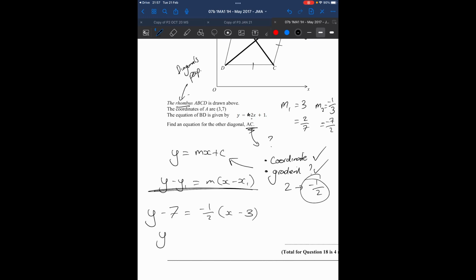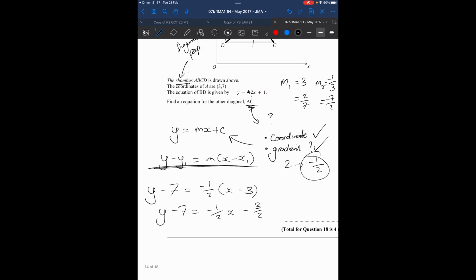So y minus 7 equals minus a half x minus 3 over 2. And now I'm going to add the 7 to the other side. So y equals minus a half x. Probably the easiest way to do this is just put that as 14 over 2. 14 take away 3 is 11 over 2. Okay, and that's the way I would leave my answer for this.